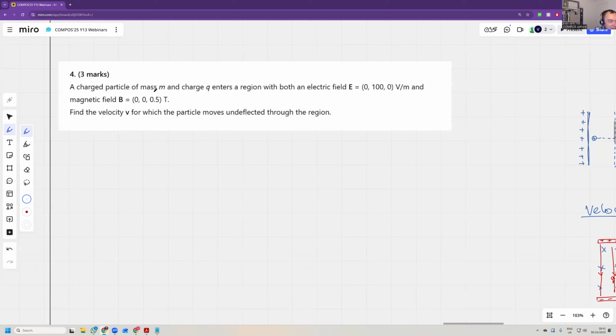Now, a charged particle of mass. Because this is a slightly formal problem, we know that the electric force plus the magnetic force must equal 0. The electric force is the charge multiplied by the electric field, plus the charge multiplied by the velocity cross the field.